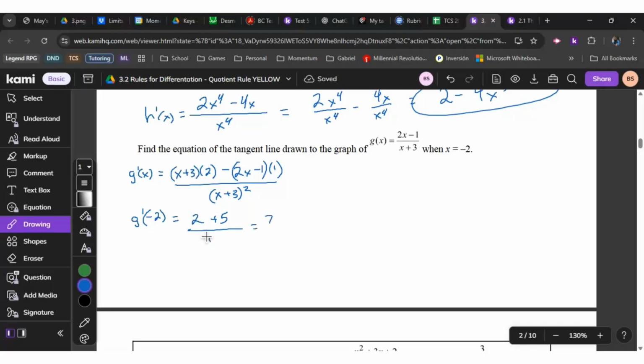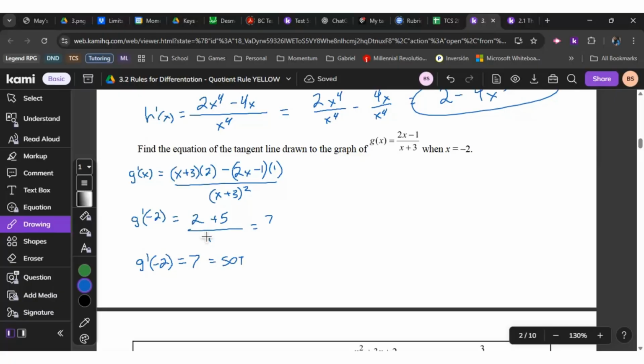Why can't you just plug it into the original equation? Because that would be the y value, not the derivative. It wouldn't give me the slope of the tangent line. So now I know that my slope is 5. So that's my slope.